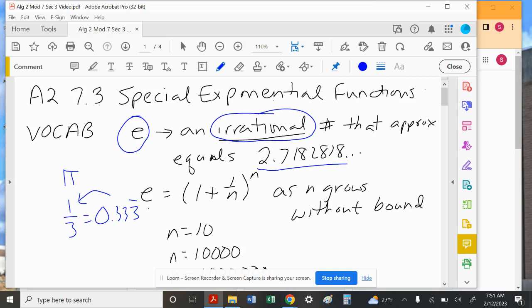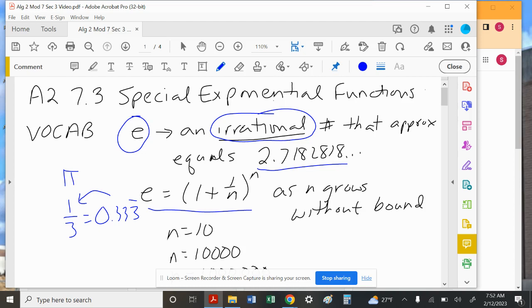So e is equal to (1 plus 1 over n) to the n power. That should look really familiar because that's similar to the interest compounding. When we did that, we had a few other extra things there, but that's what e is defined as, as n continues to grow without bound.